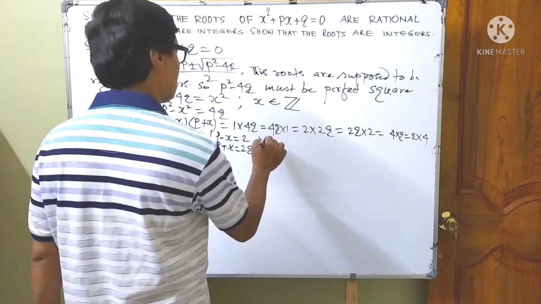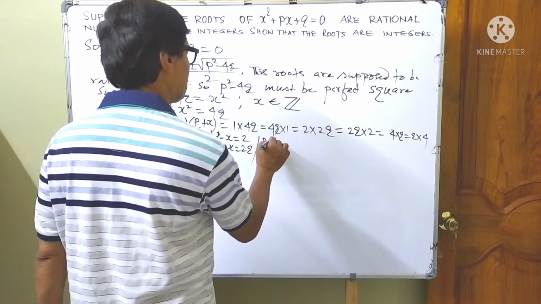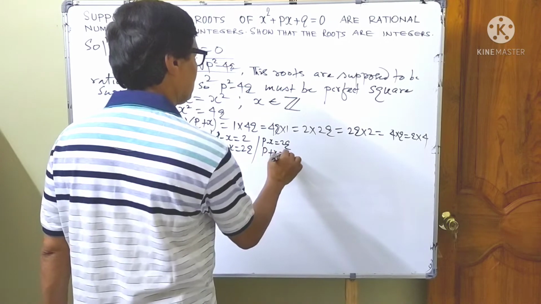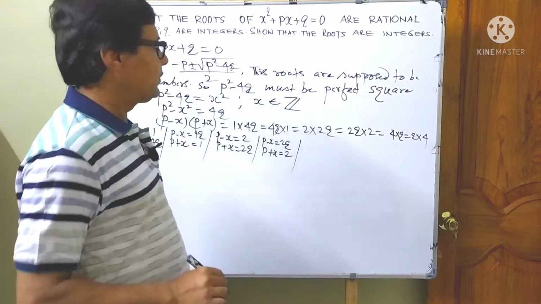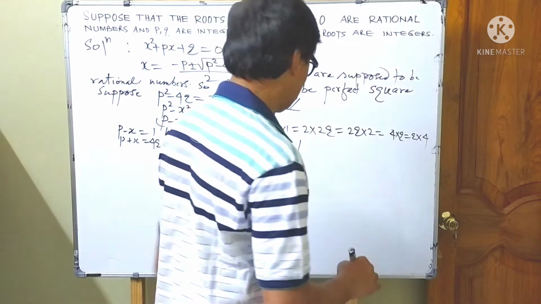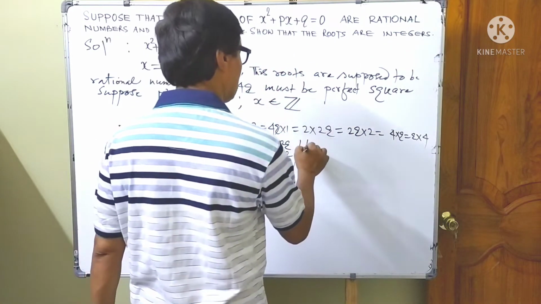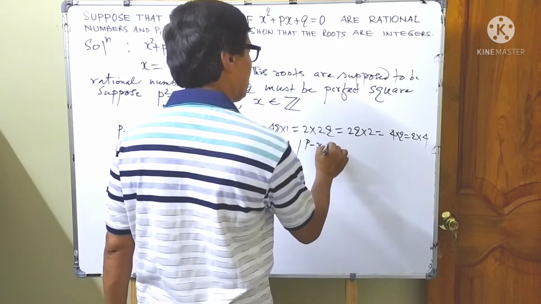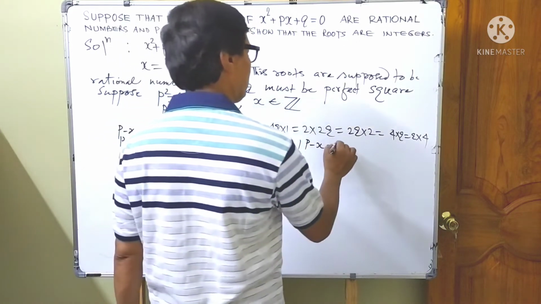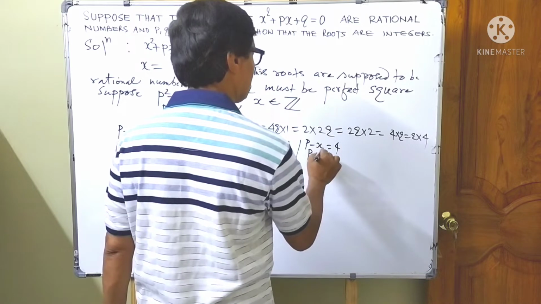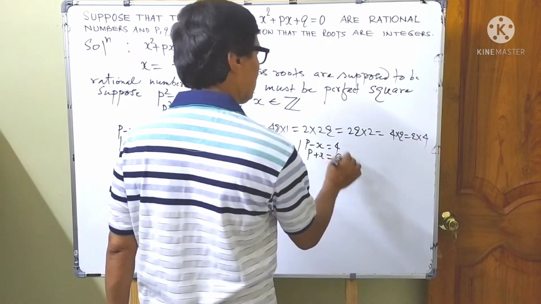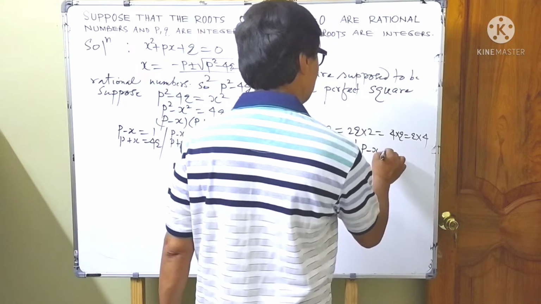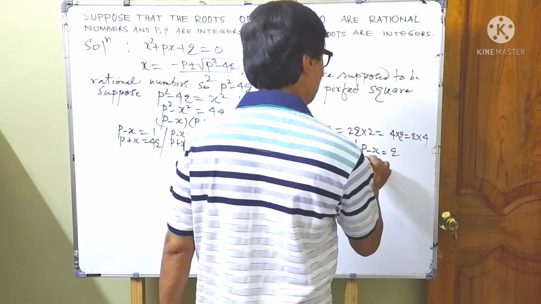From the fourth expression we can write p minus x equal to 2q, p plus x equal to 2. From the fifth expression we can write p minus x equal to 4, p plus x equal to q, and also p minus x equal to q, p plus x equal to 4.